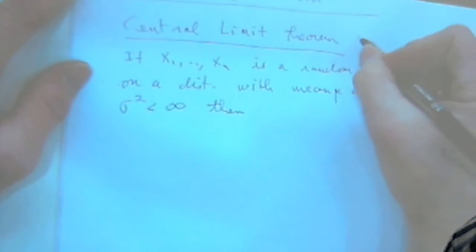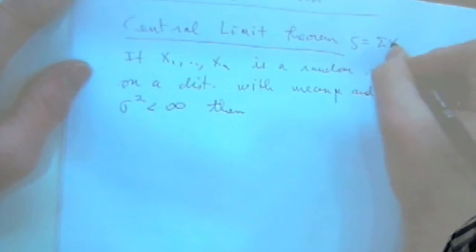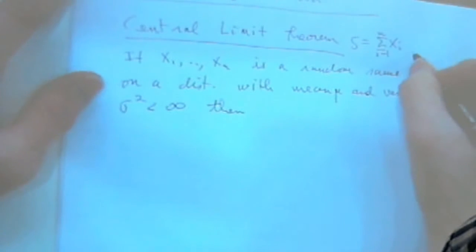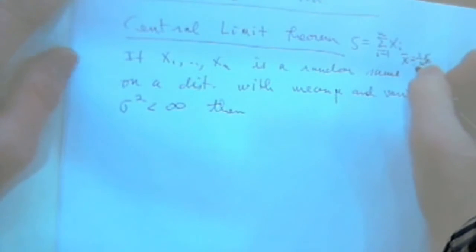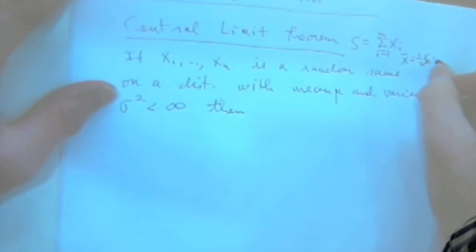You can look at S, the sum, and of course X bar, the sample average. S is the sample sum, and X bar is the sample mean.